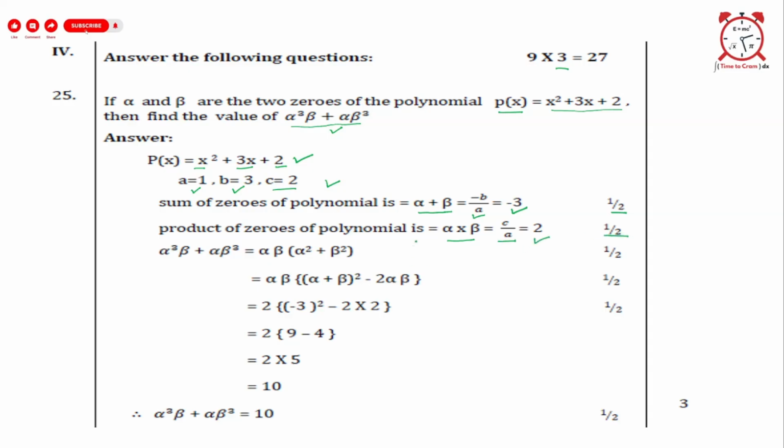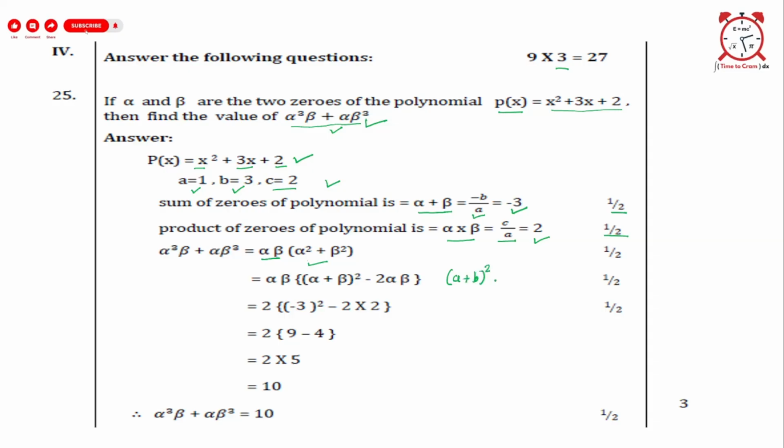Now, the given expression alpha cube beta plus alpha beta cube, we can see that alpha beta is a common factor here. So let's take alpha beta common from the binomial. Then in the bracket we are getting alpha square plus beta square. Now this alpha square plus beta square we have to modify by this identity.